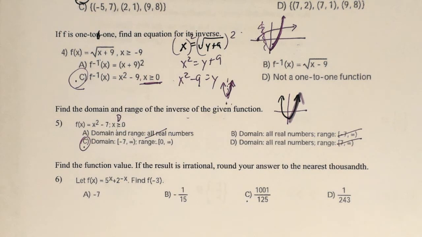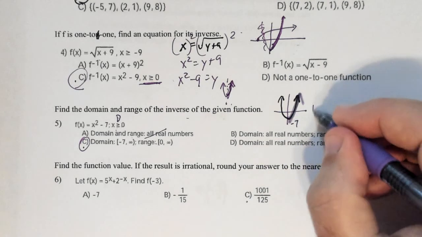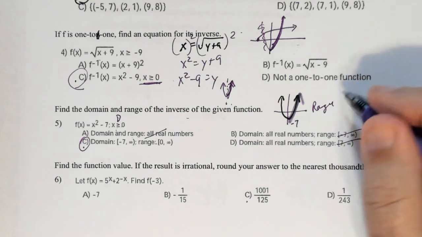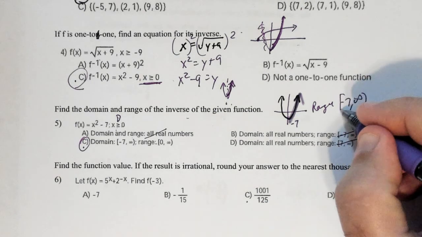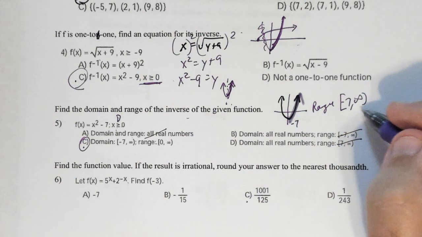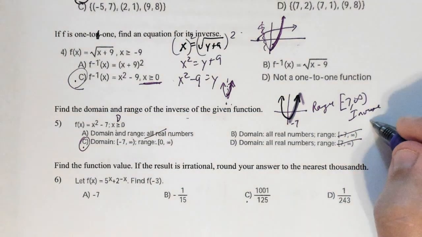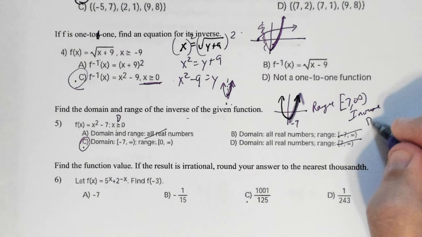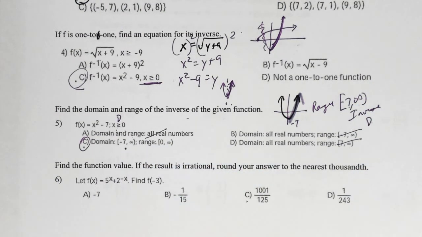And if you look at the original, this would be at -7, so its range from the original would be -7 to infinity. That means the domain of the inverse would be -7 to infinity, which also matches that up right there, because your domain and range always switch.